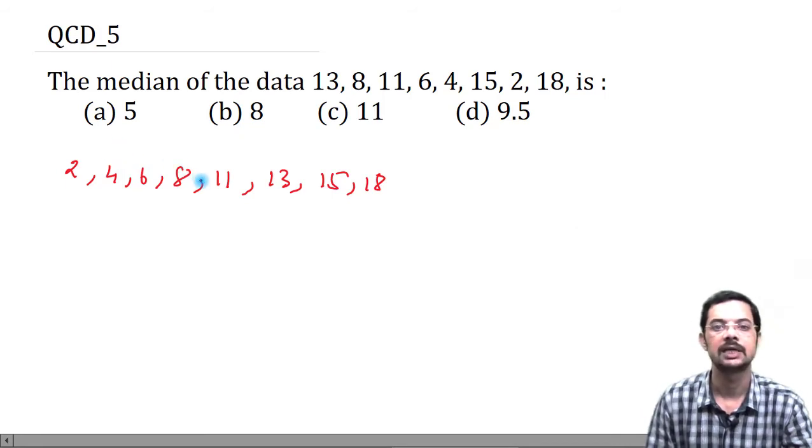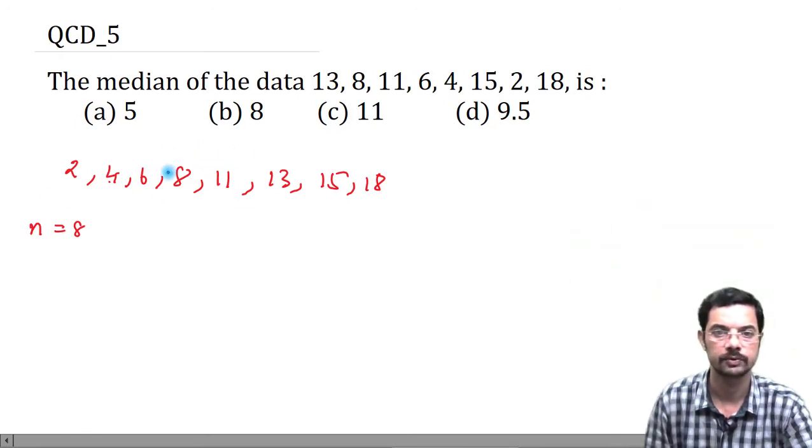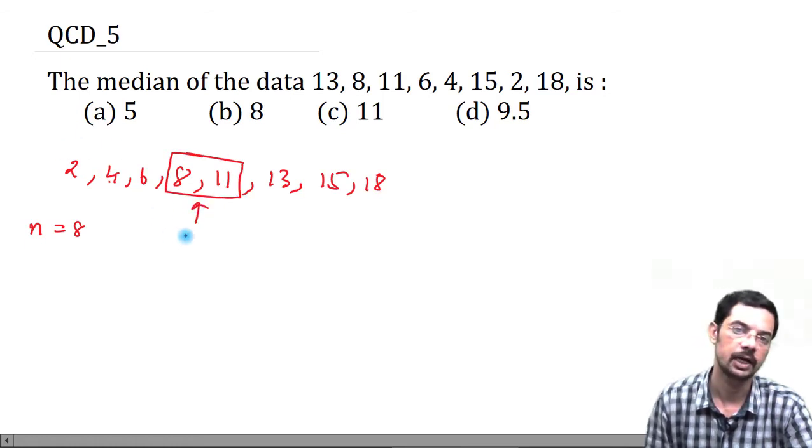Now median is the centrally located value. Now here 1, 2, 3, 4, 5, 6, 7, 8. So here n is equal to 8. So we have 2 middle observations. Clearly we can see that 8 and 11 are the centrally located observations. So we need to find the arithmetic mean of 8 and 11.